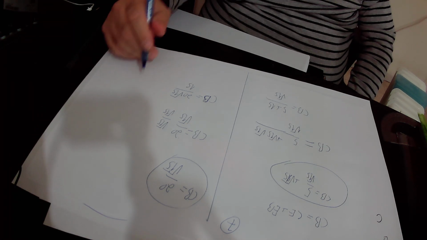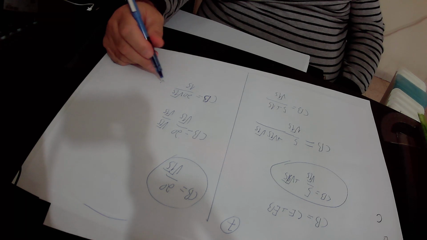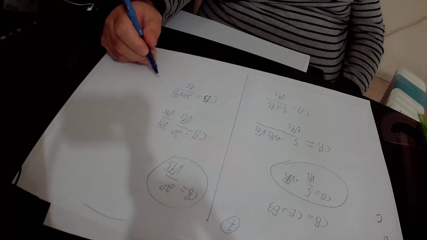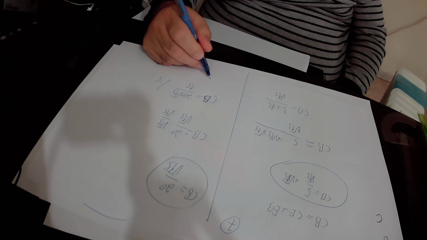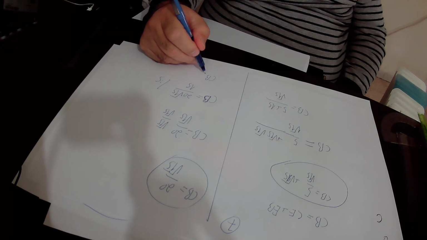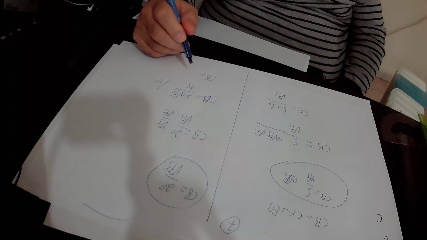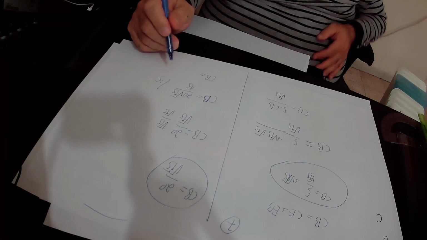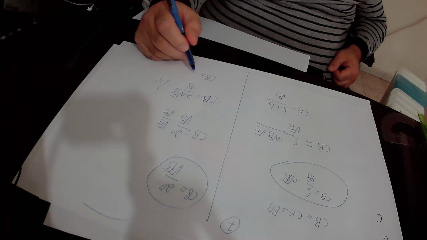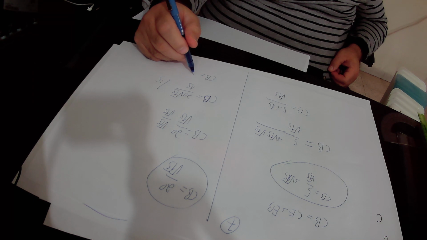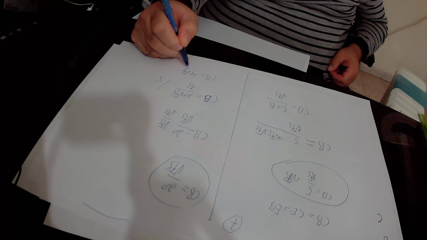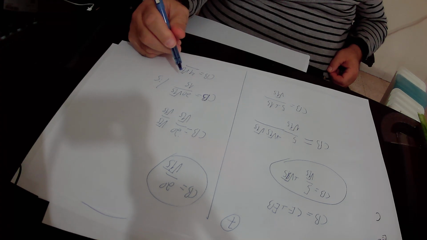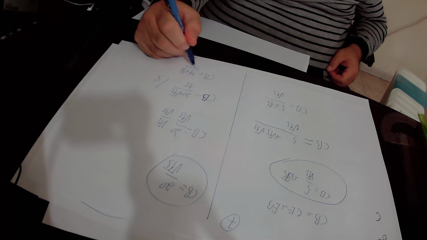Here we will divide both the numerator and the denominator of this expression by 5, and we get that CB, the length of the chord that we are looking for, equals 20 over 5 is 4, so in the numerator we have 4 times square root of 15, over 15 over 5 is 3.